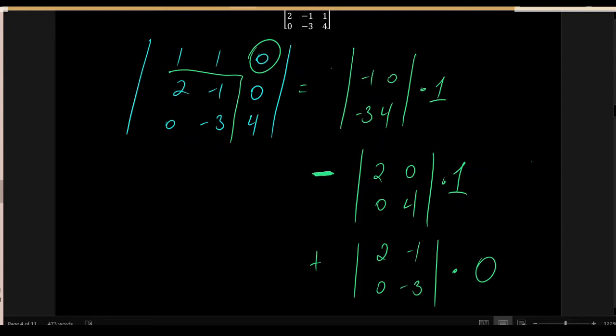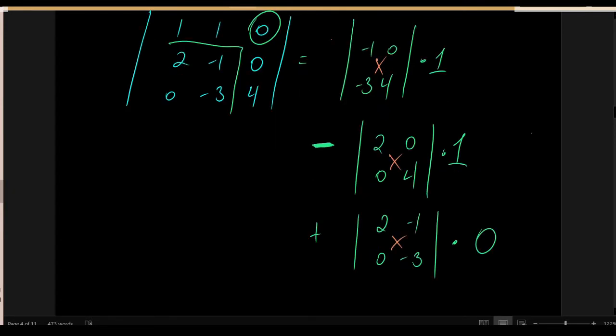Now, to calculate these quantities, I can use the formula for the 2 by 2 matrix determinant, which says take the product on the primary diagonal, subtract the product on the secondary diagonal. Let's calculate what we get from each of those. The first quantity is 4 times -1, which is -4, minus 0 times -3, which is 0, times 1.